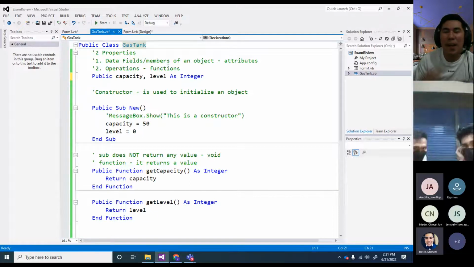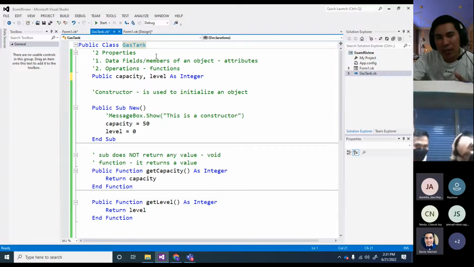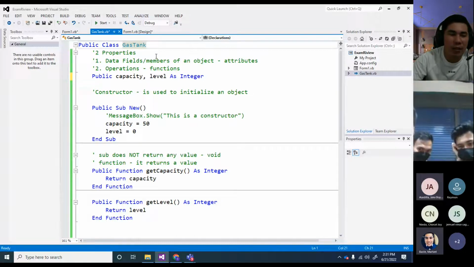O, di ba? Very good answers. Okay? Kung accessible ang mga unsay parts, no? Kung what's inside or what parts inside of a watch sa atong relo? Unsay mga parts dito inside of that?